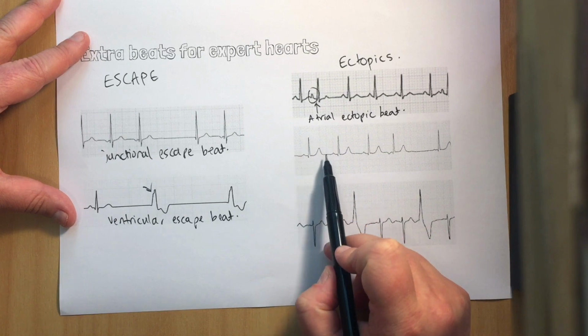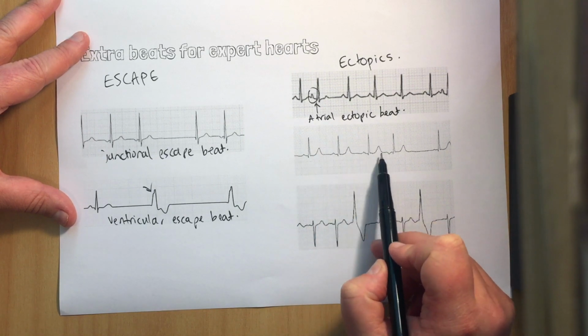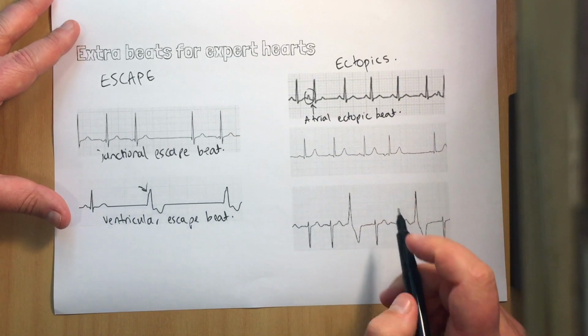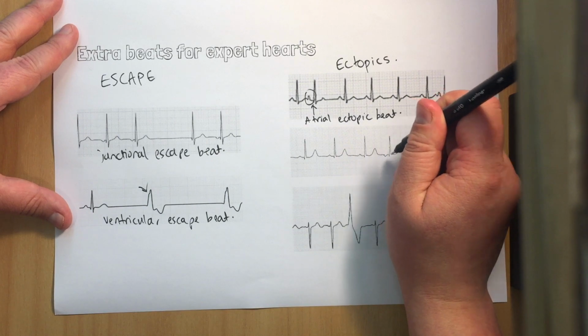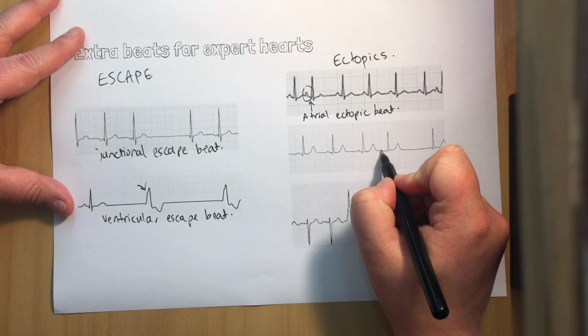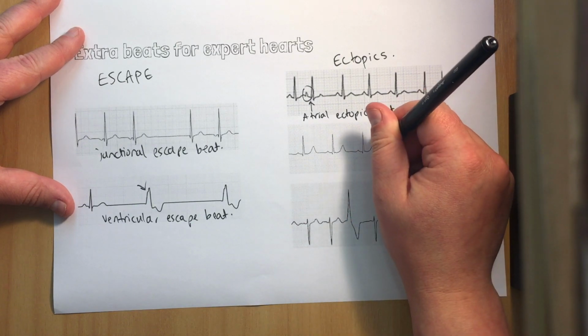So here we've got a sinus beat, sinus beat, sinus beat, and then this is weird, kind of upside down P wave or something. For this, we're just going to pretend there's not a P wave there. It's going to make our lives easier.